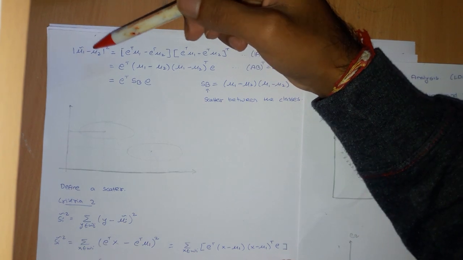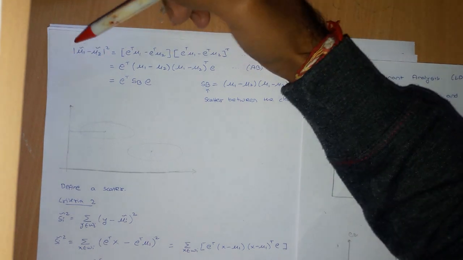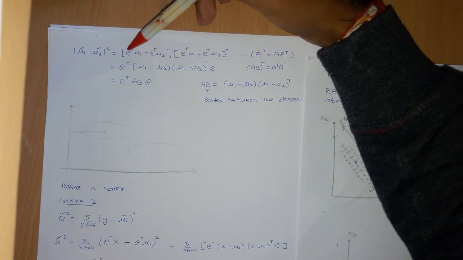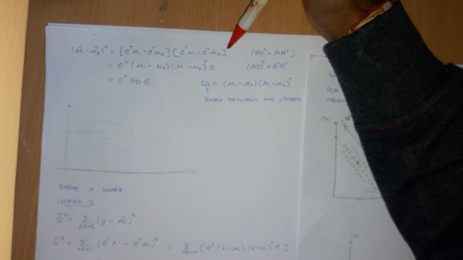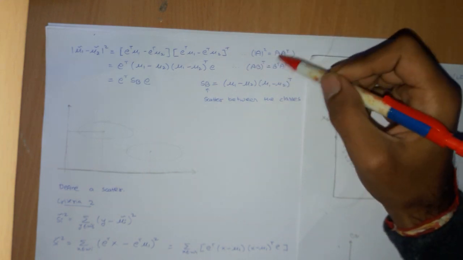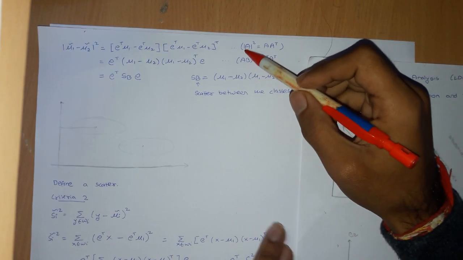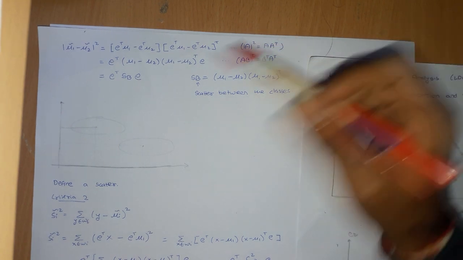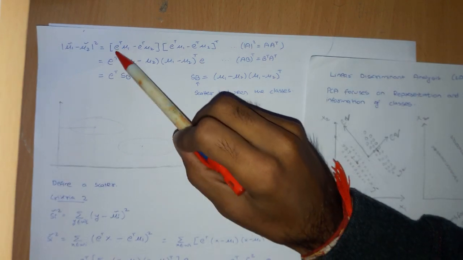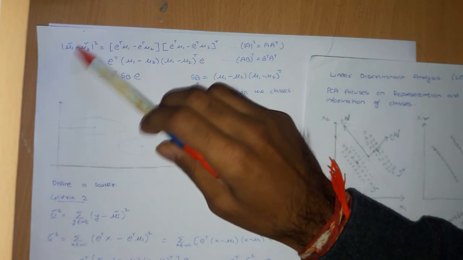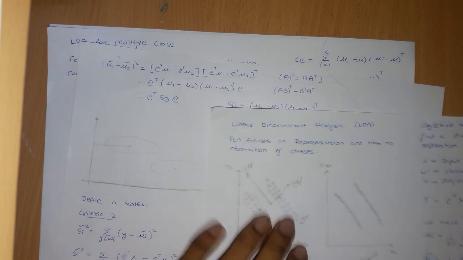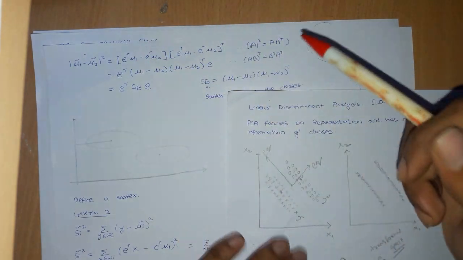So I have mu1 tilde minus mu2 tilde the whole square. I can write this particular thing as this into this transpose, from a simple vector property: mod of a squared is equal to a into a transpose. So E transpose mu1 minus E transpose mu2, and the same thing I have written as transpose.